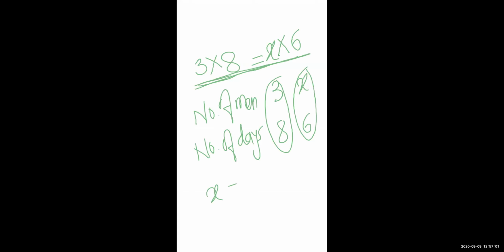X is equal to 3 into 8, and this 6 is in multiplication, so on the other side it is in division. 3 ones are 3, 3 twos are 6, 2 ones are 2, 2 fours are 8. So how many men are required? 4 persons will complete the same work in 6 days. Getting? Okay.